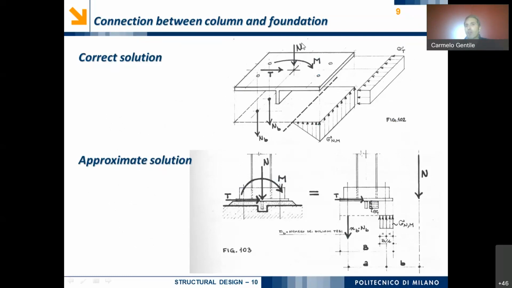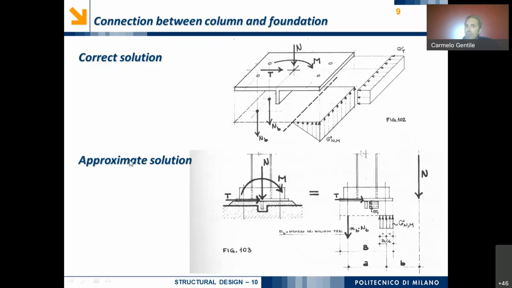If we want to solve for the contact pressure induced by the action of the vertical acting force and by the bending moment, we have basically two possibilities. A correct solution, which is directly correlated to the assumption that, as usual, the plate rotates remaining plane.